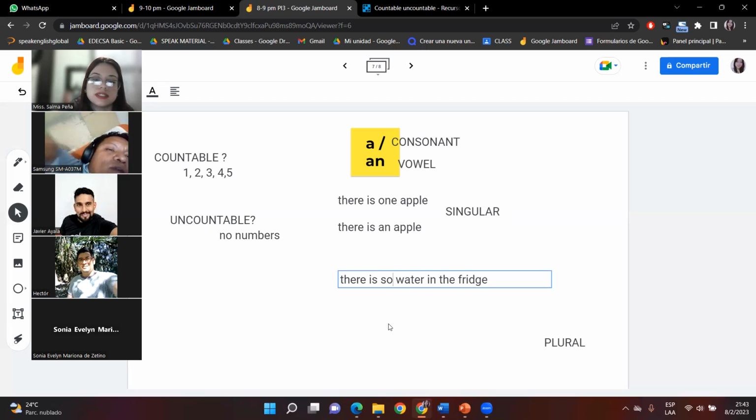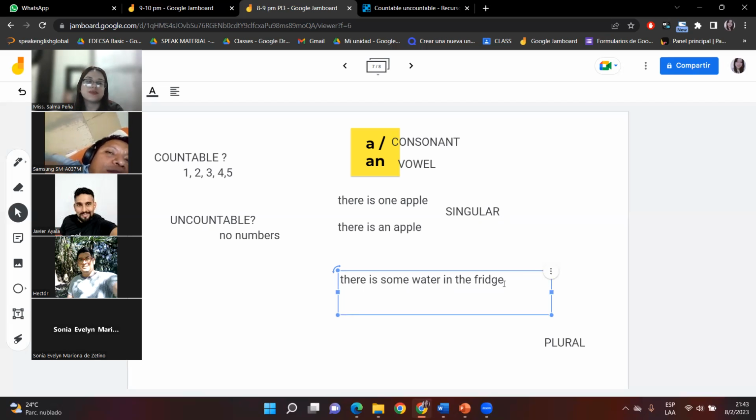Yes, there is some water. In Spanish, we sometimes use the expression un agua, right? But it's wrong. In English, we cannot use it like that.